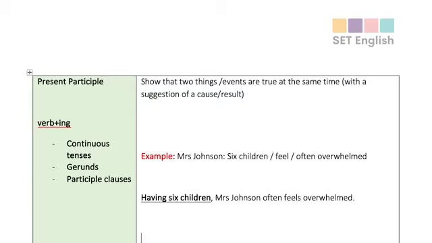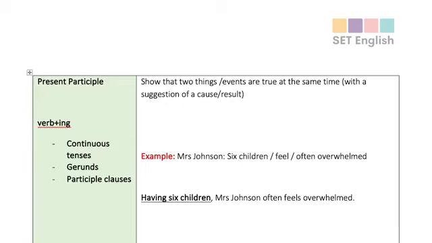But that is our present participle. Now what I would say is this, it's not very commonly used in OET writing. It won't often be used. It might be used more frequently in reading, but possibly not so much in the writing, the present participle. But it's good to know it. Okay, this is the present participle.